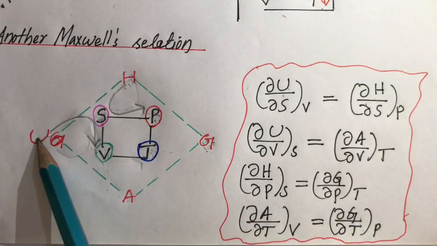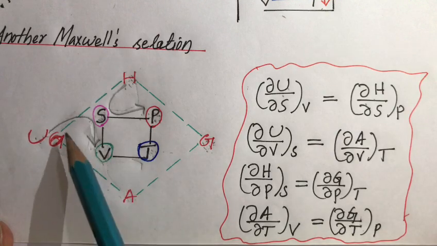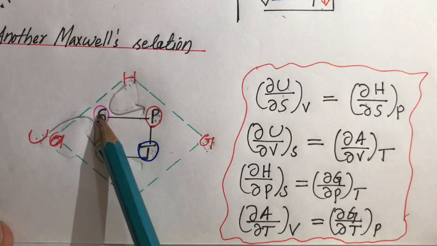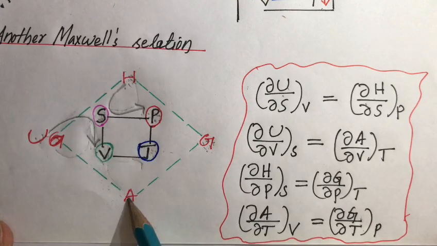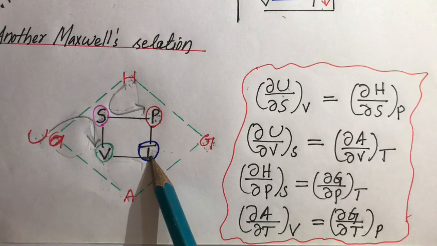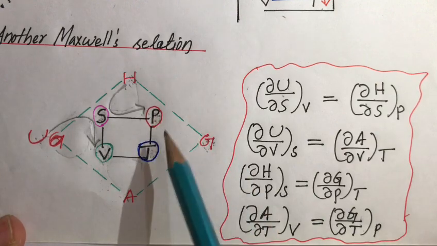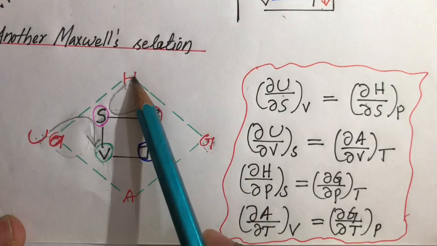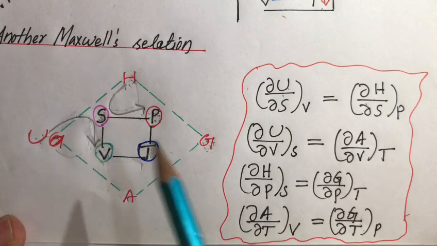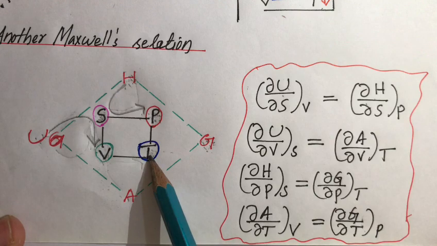The same way you can generate with respect to the V corner, that is dou U by dou V at constant S is equal to dou A by dou V at constant T. Ready, clear. Next we go with the P corner, that is dou H by dou P at constant S is equal to dou G by dou P at constant T. Clear.